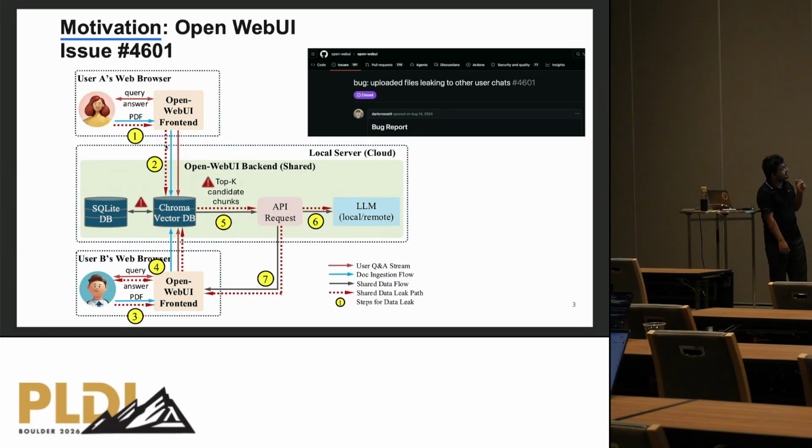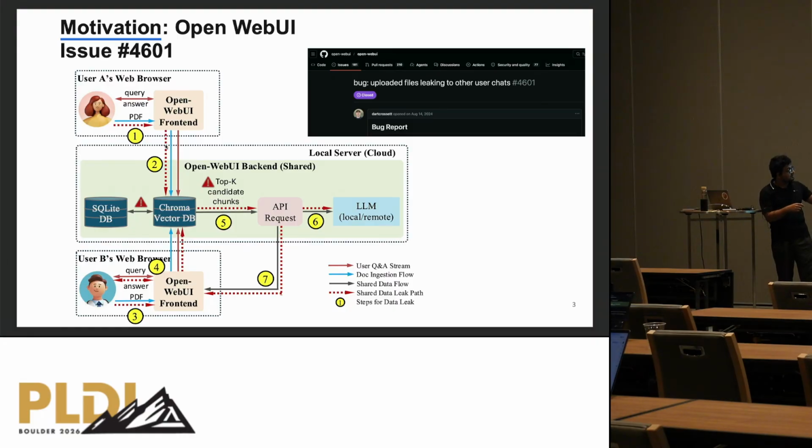What happens in this bug is, for example, if user A uploads a PDF through the chat interface with the OpenWebUI front end, the PDF gets chunked, embedded, and stored in the vector database, so that user A can query it later. In the meantime, if user B also uploads another PDF with their own front end, the PDF goes to the same vector database after embedding.